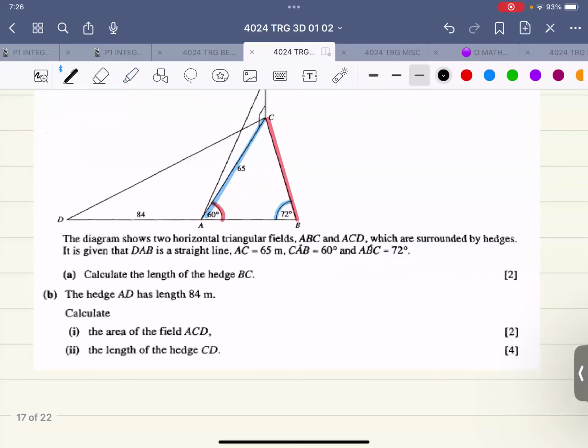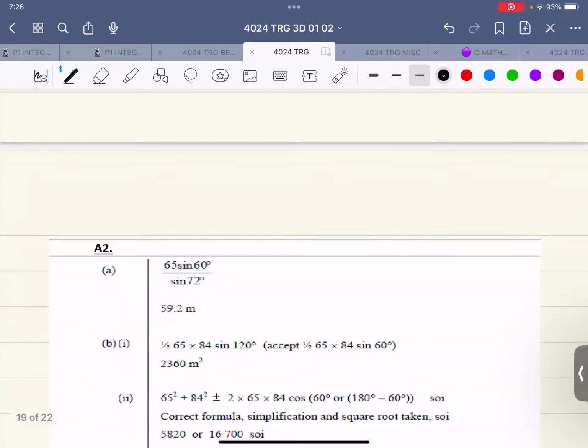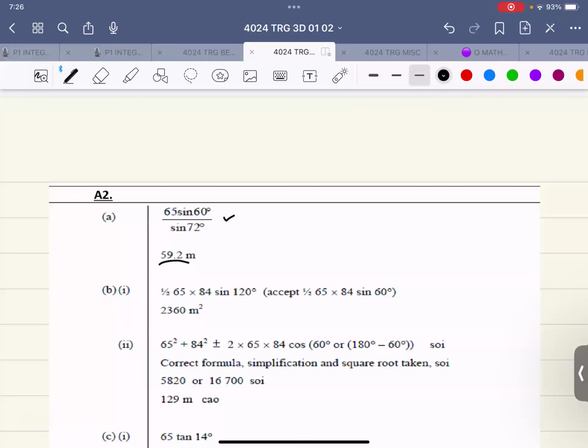So we will write BC divided by sine of 60 degrees is equal to 65 divided by sine of 72 degrees. Make BC the subject. That is 65 sine 60 degrees divided by sine of 72 degrees. And let me show you the working over here. And this is the answer, 59.2.